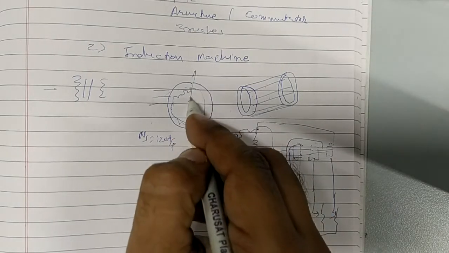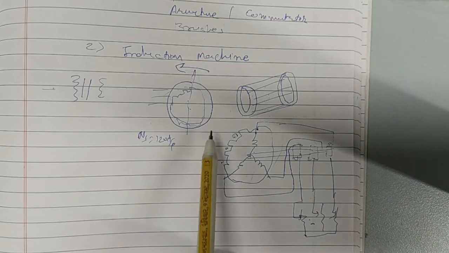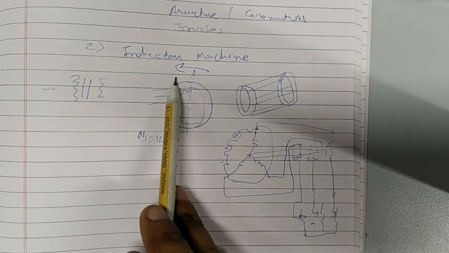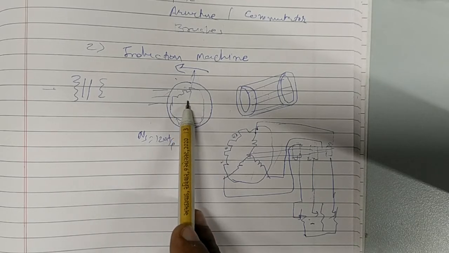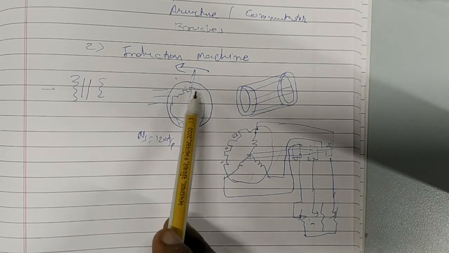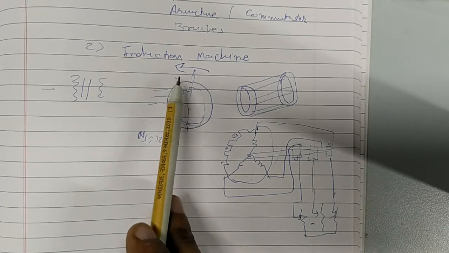Suppose supply is given and the rotating magnetic field is in the anti-clockwise direction, so the rotor will tend to rotate in the same direction, trying to achieve the synchronous speed Ns.